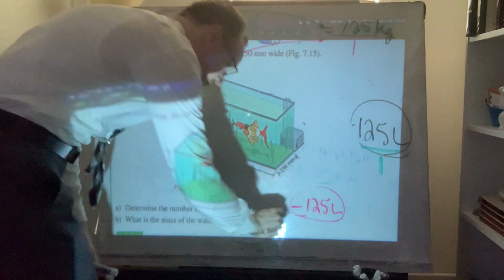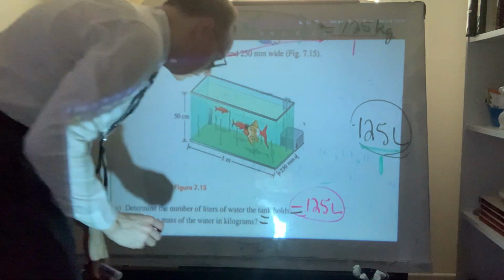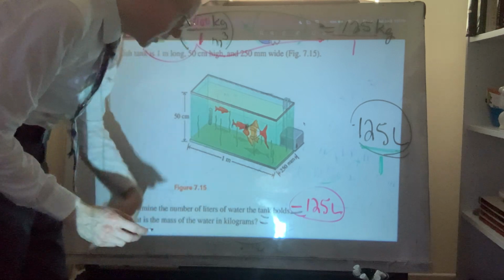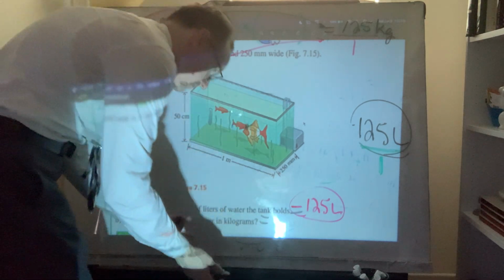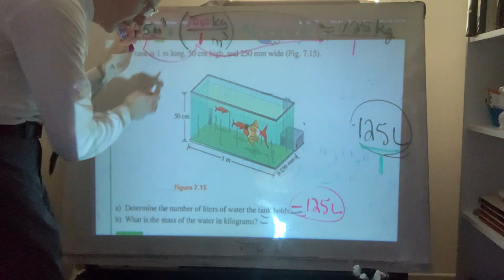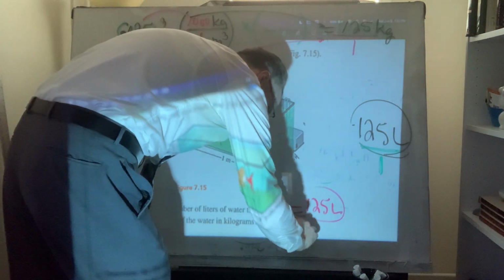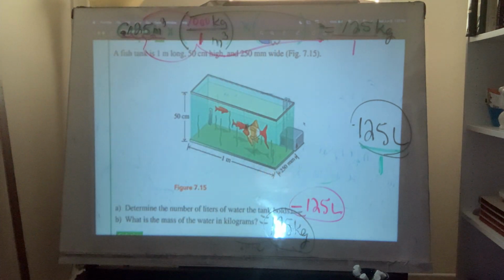Isn't that interesting? The volume in liters is 125 liters. The mass of that volume in kilograms is 125 kilograms. That's probably not coincidental. That's because of the definition of a volume of water. Right. Okay, it's essentially 1 to 1.